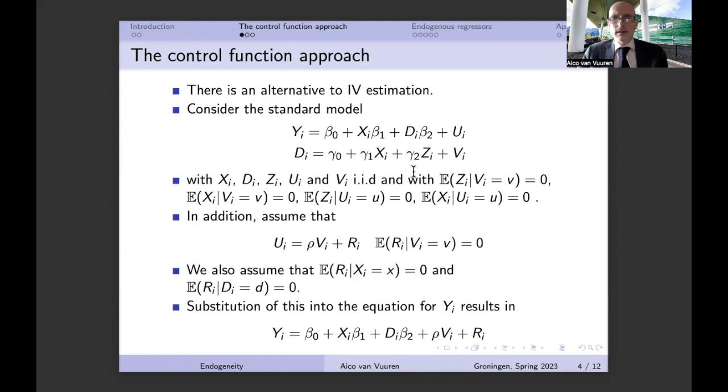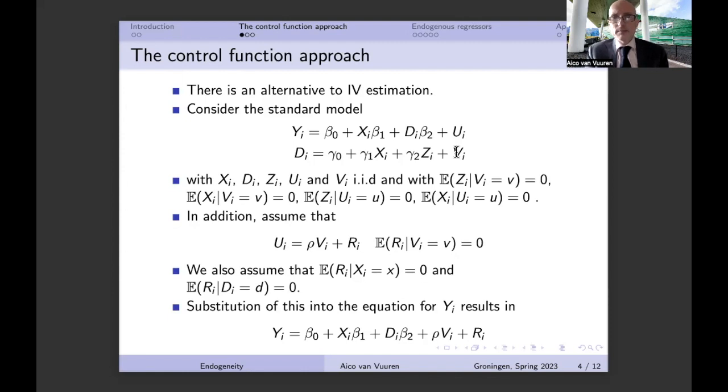So in that sense, z is going to be a good instrument, and x is going to be an exogenous regressor, or a good instrument as we think about it in this second equation. However, we are going to allow for the fact that u and v are correlated with each other.